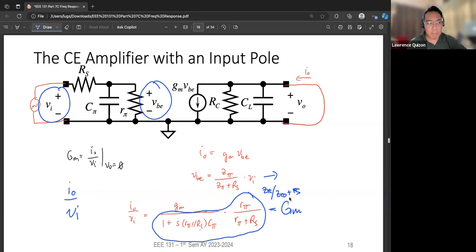So GM is at low frequencies reduced by R pi over R pi plus RS. We know that, we've seen that in the non-frequency response solutions to the small signal. But what's new is we add this output pole. We add this pole, and it's the same pole that appeared in the gain, which kind of makes sense, because it's GM. It's GM, which makes up part of the gain.